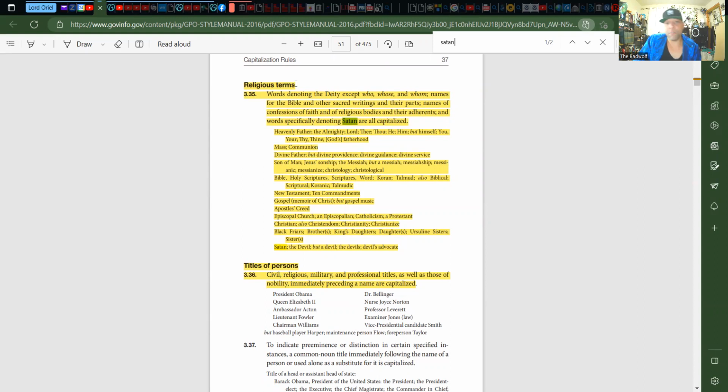In religious terms, words denoting the deity, except who, whose, and whom, names for the Bible and other sacred writing and their parts, names of confessions of faith and of religious bodies and their adherents, and words specifically denoting Satan are all capitalized.